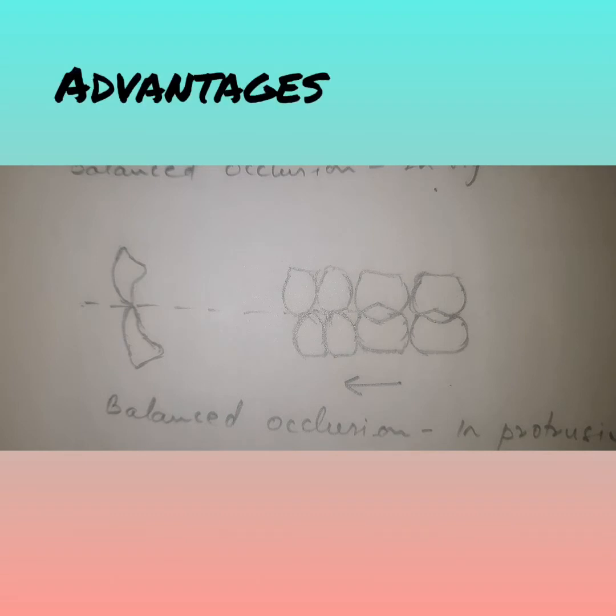So what are the advantages of having a balanced occlusion? One, it stabilizes the dentures, because there is simultaneous contact in the centric as well as in all the eccentric positions. So definitely stability of the denture is enhanced, and bilateral balanced occlusion provides contact during the terminal arc of closure and helps in seating of the dentures.